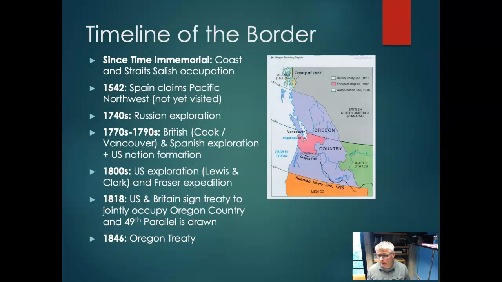Fur trade was in that era as well. In the 1770s to 1790s, the British, Cook and Vancouver, who named lots of things. There's some more Spanish exploration, and then also the formation of the U.S. nation, obviously on the East Coast. In the 1800s, there was the U.S. exploration by Lewis and Clark and the Fraser expedition, some overland expeditions.